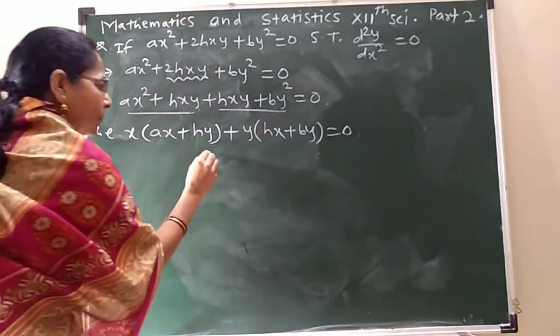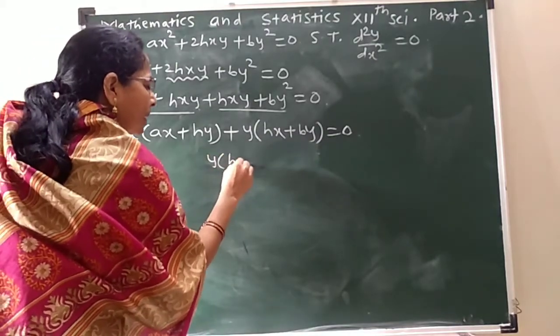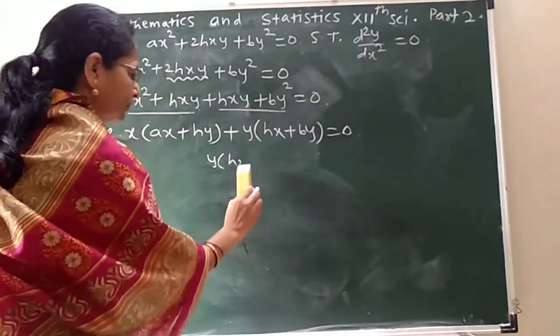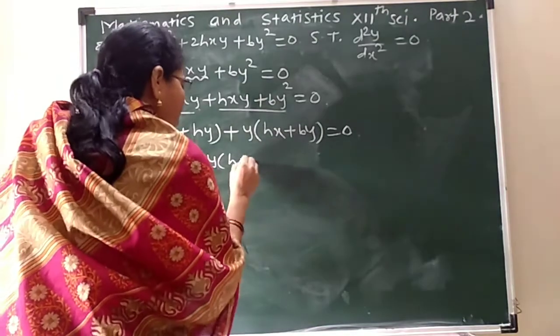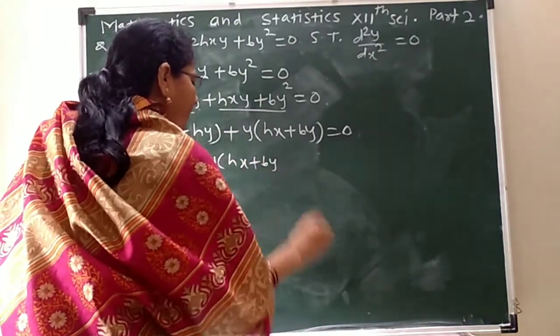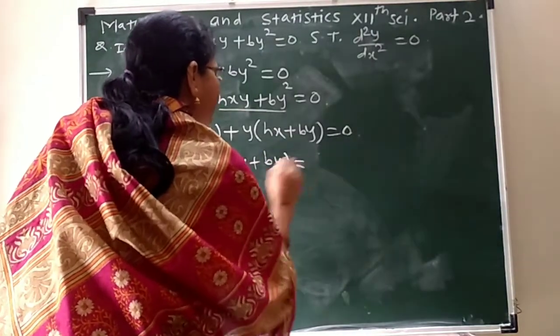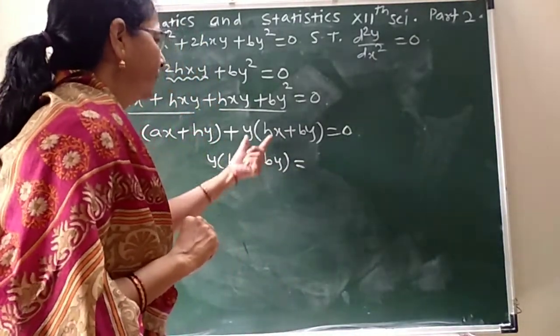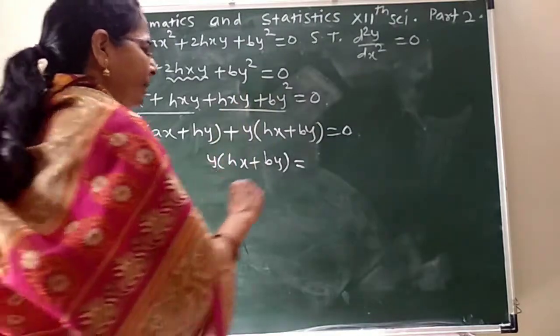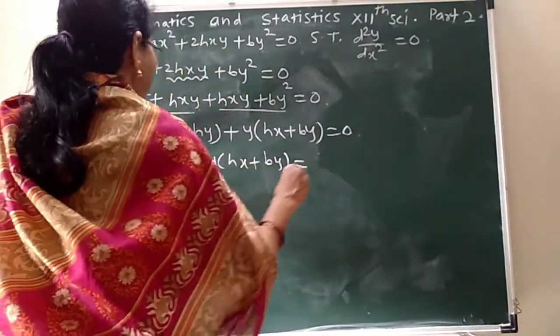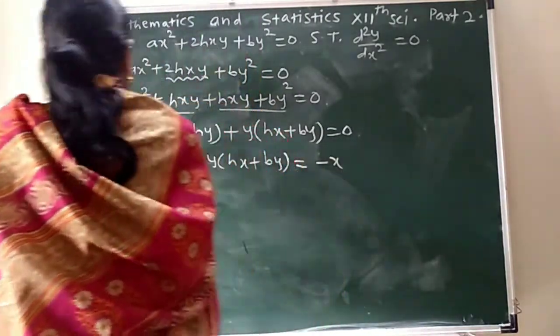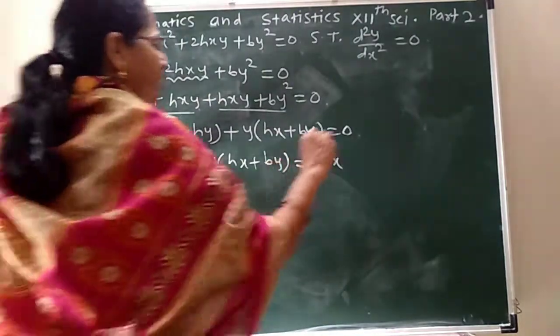Next is y times (hx plus by) is equal to, this term to this side becomes minus x times (ax plus hy).